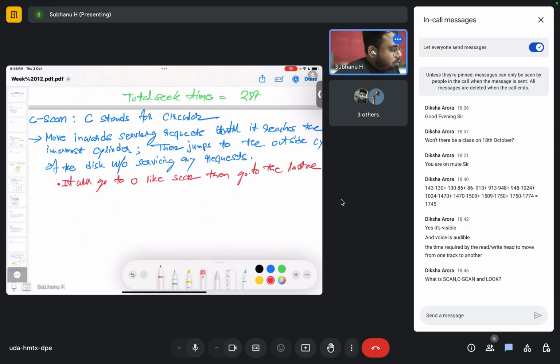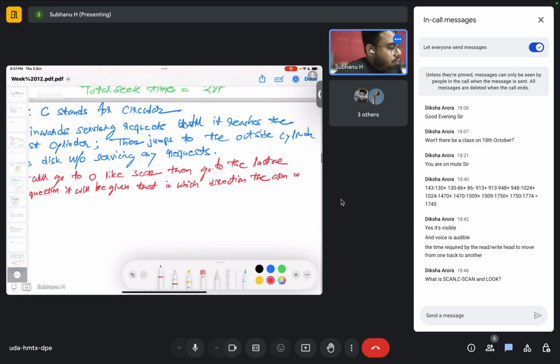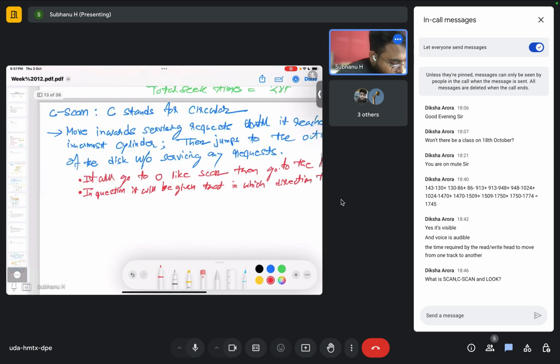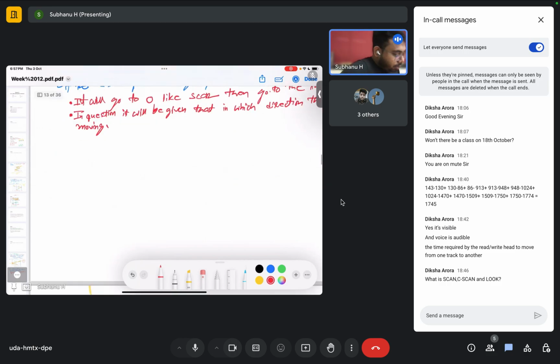And in the question, it will be given in which direction the arm will be moving. Got it. So we'll see the example again.